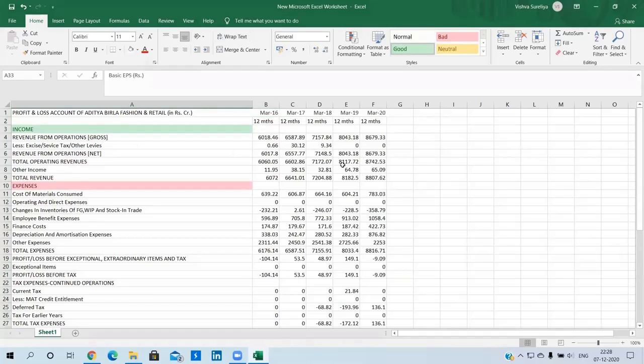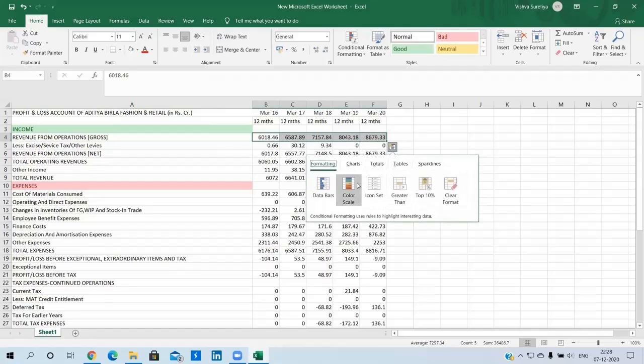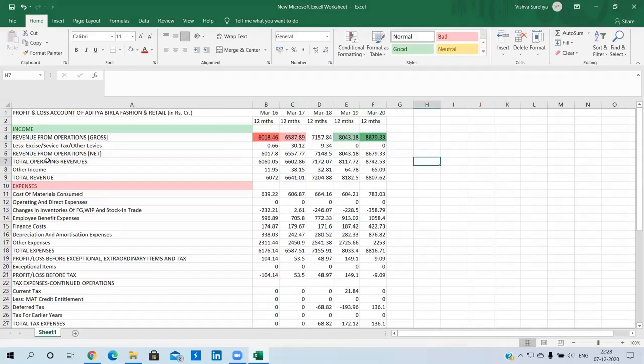Your profit and loss statement has a few main components, like income. What is the income or revenue of the firm for a particular year? Revenue from operations, that is gross revenue here from year 16 till 20, you can see is increasing.